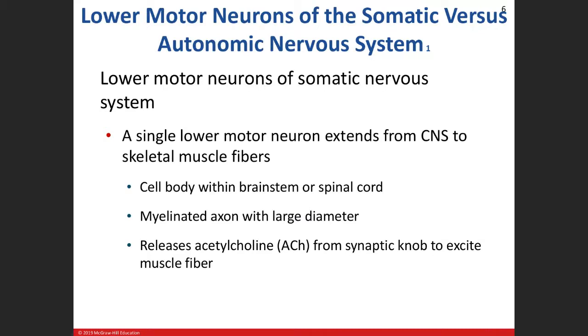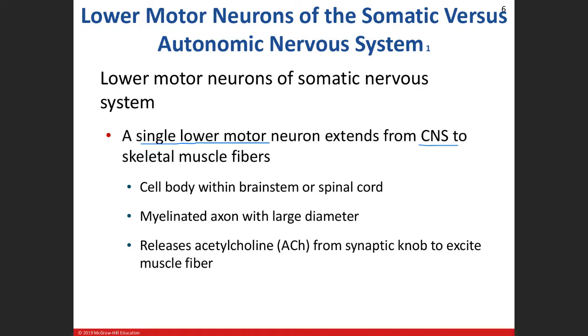When we have a motor response, or a motor pathway, that we talked about in chapter 14, you usually have 2 neurons, sometimes 3 if there's an interneuron, but you have an upper motor neuron and a lower motor neuron. Just to review, the lower motor neuron is going to be a single motor neuron that extends from our central nervous system, in this case the spinal cord, but it can also be from the brainstem if it's one of our cranial nerves.